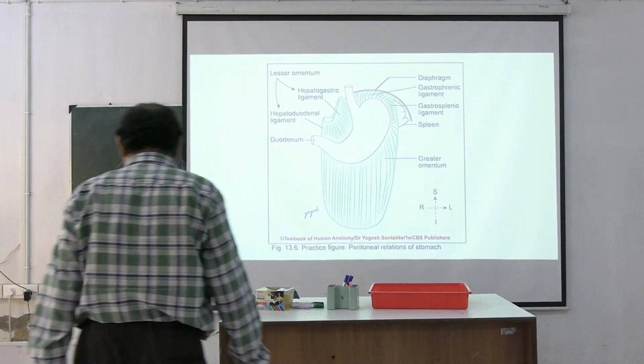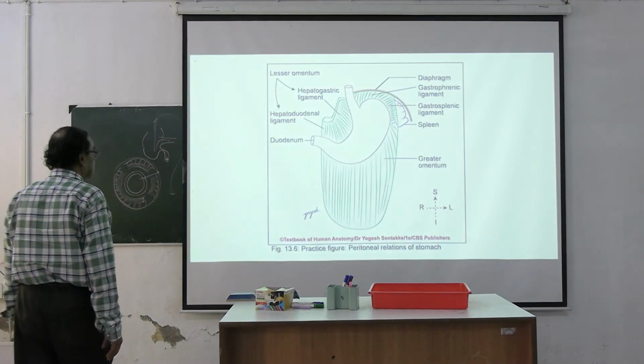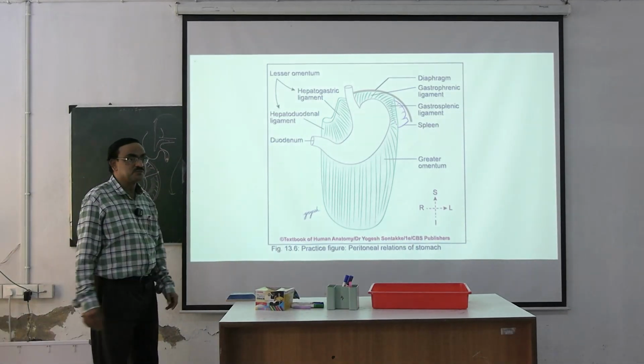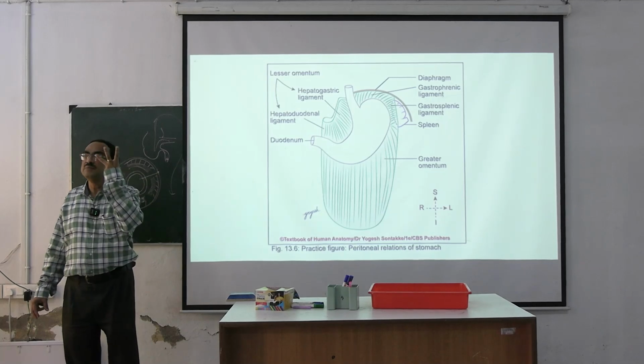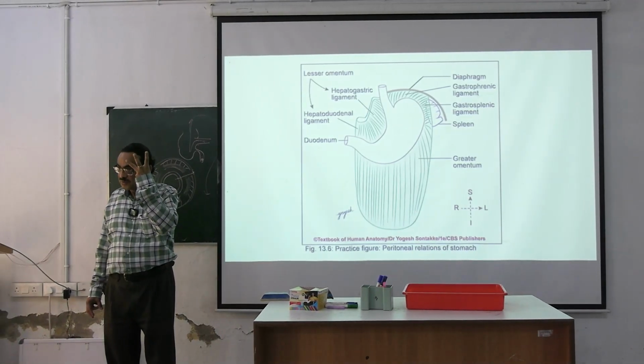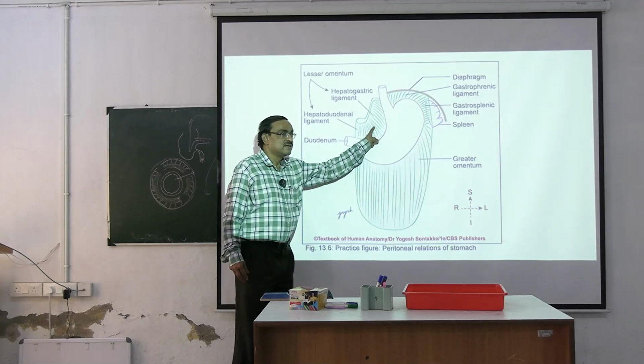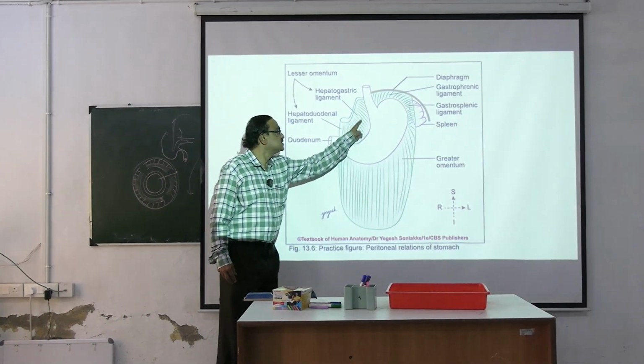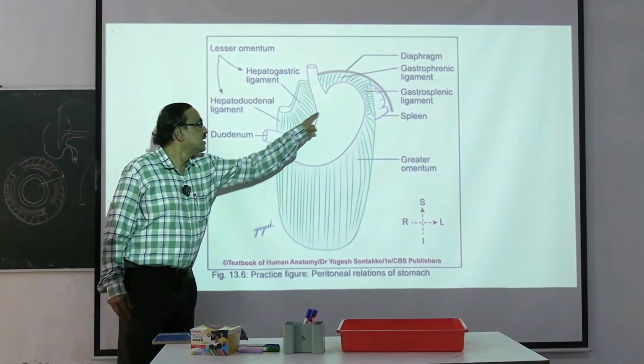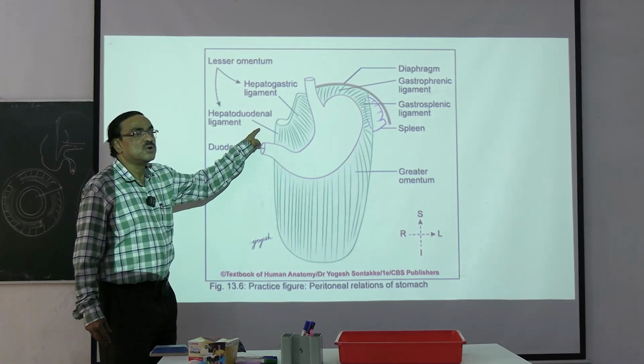Okay. So the gastrosplenic ligament is the area through which the splenic artery passes. We get the celiac axis, which gives rise to 3 branches. We know the celiac axis is present here. It gives 3 branches: left gastric, splenic and common hepatic.